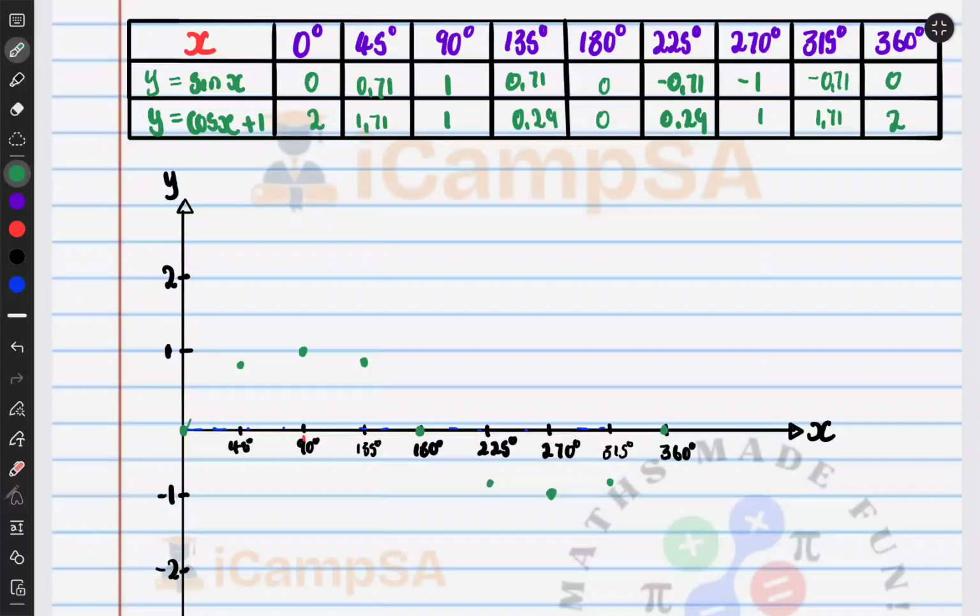And then from there we draw our curve. And it's like that. That's the first function.